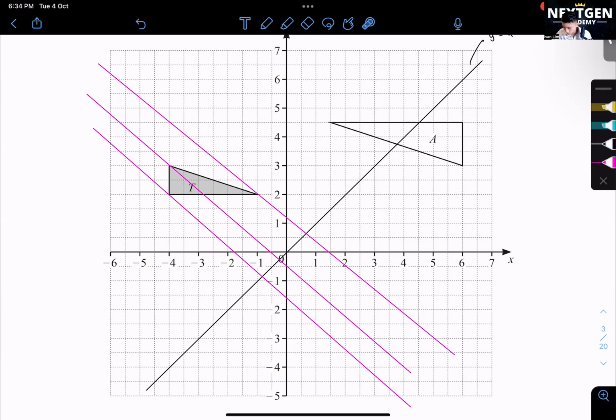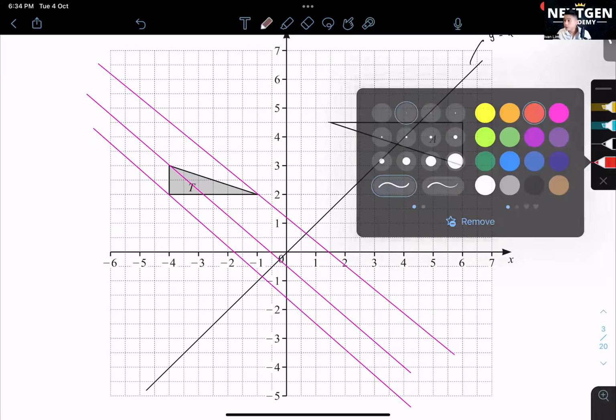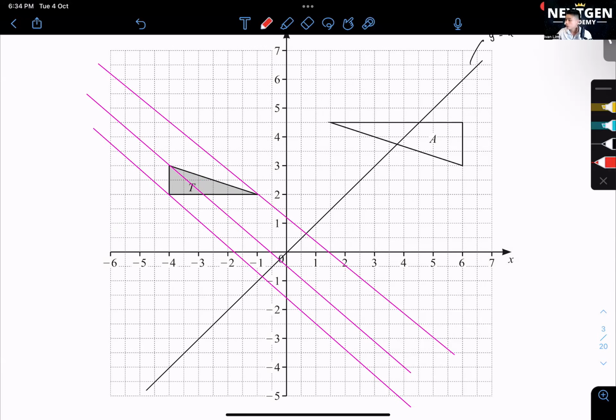I'll just put the points here. For this one, it will be 2, -1. My drawing here isn't very neat, so you all need to draw it on paper.